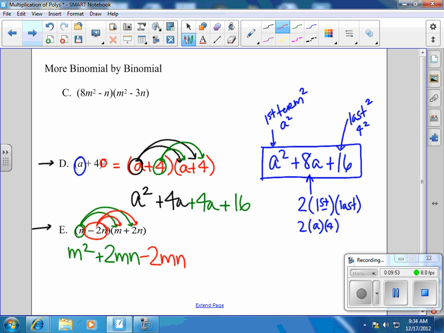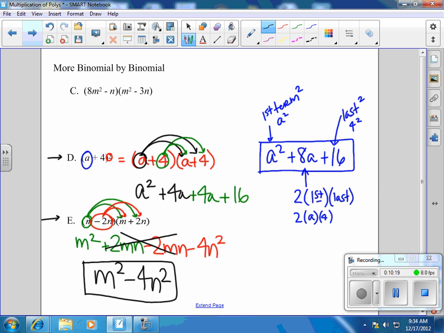And then finally, I end up with negative 4n squared. And we can see here that something simplifies, something crosses off. We have plus 2mn minus 2mn, and those go away, and we're left with m squared minus 4n squared.